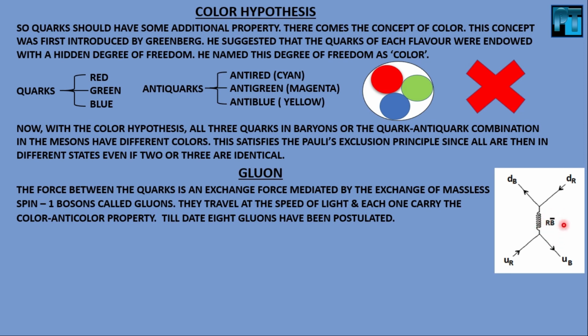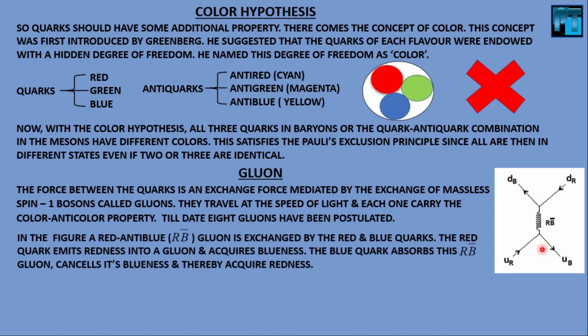This has been exchanged from this to this, and by this exchange of RB prime gluon, the red becomes blue. Okay, so this exchange theory has been postulated only to explain the quark antiquark theory and the quark interactions.